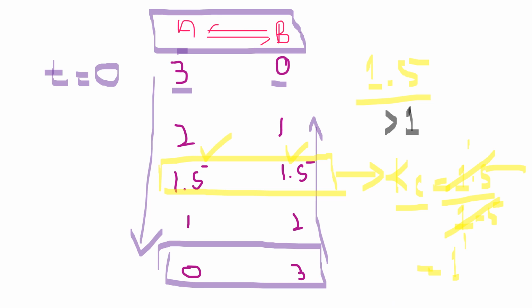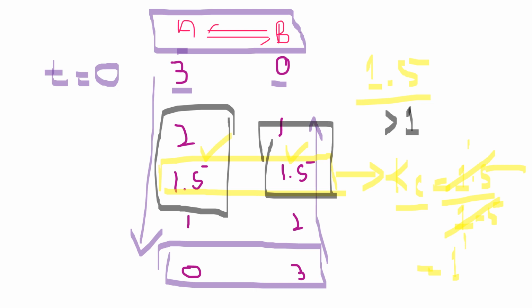Now what does it show? It shows that the reactant is weak and the products are strong. What I am trying to say is that the reactant side is unstable and the product side is stable. This shows us that the reaction here is a fast reaction.